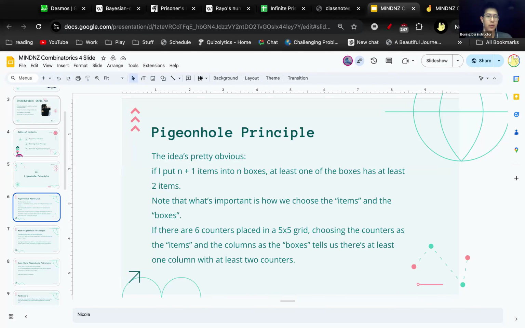Okay, that was the basic version of the pigeonhole principle, where you had 2 items in a single box. But what happens if you have more items?